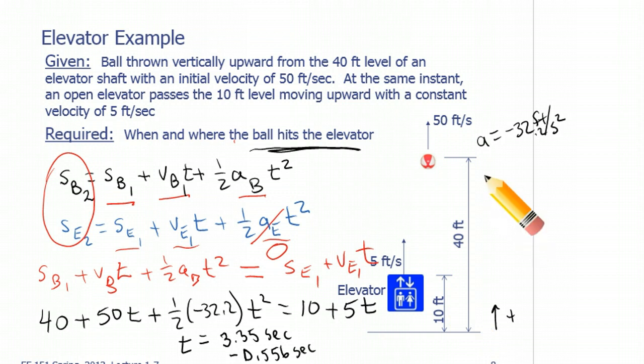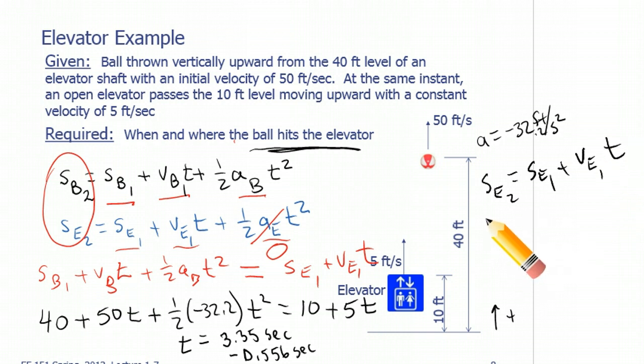The position is going to be really easy because we can now use either one of these equations. I'm going to use the position of the elevator because that's a little simpler. Now that I know the time, I can find the position of elevator 2, which is equal to initial position plus its velocity times our 3.35 seconds.